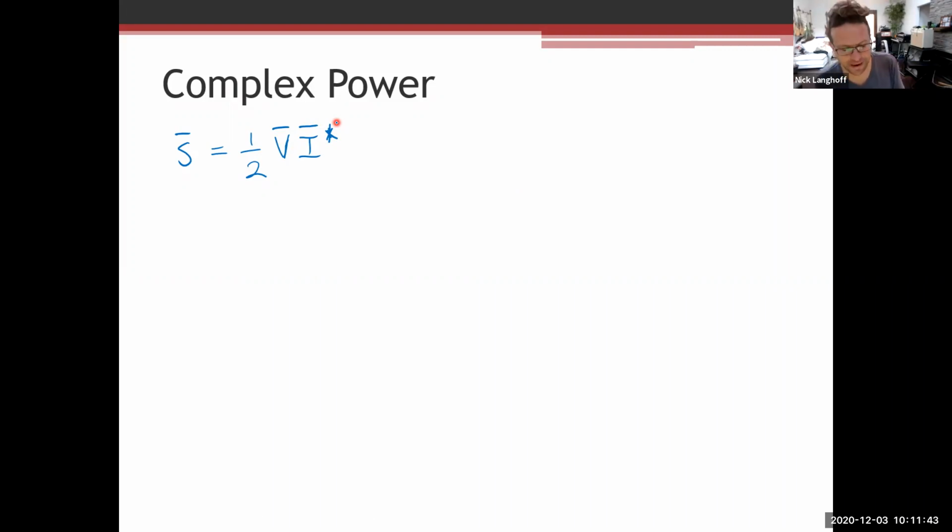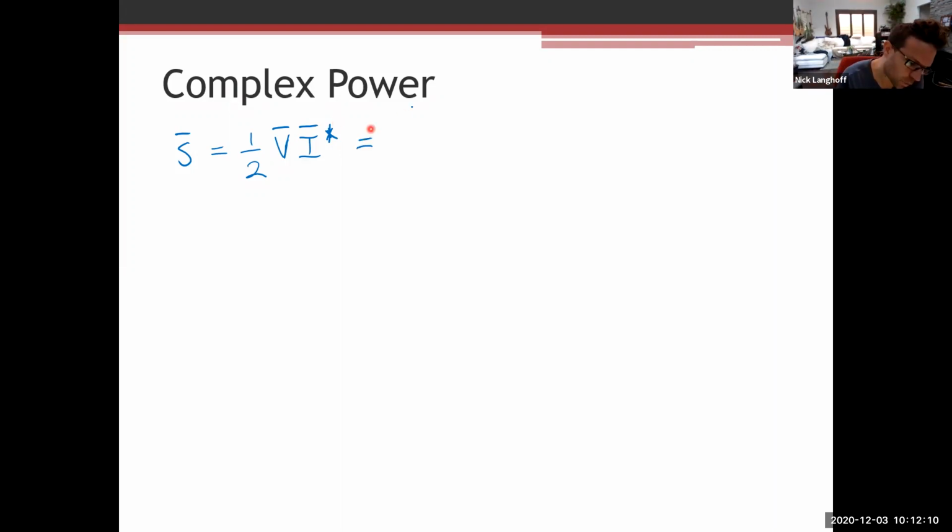Engineers could have defined it as 1/2 the phasor voltage times the phasor current, but defining it with the complex conjugate helps it to align with talking about leading versus lagging power and inductive versus capacitive loads. So it all aligns correctly if you express the current as the complex conjugate. That's just done by definition.